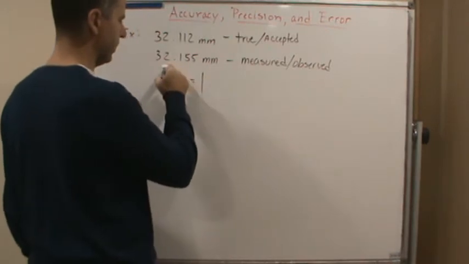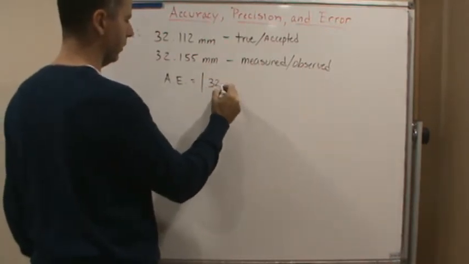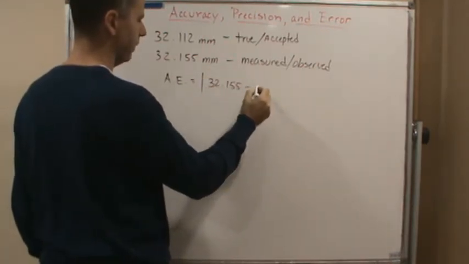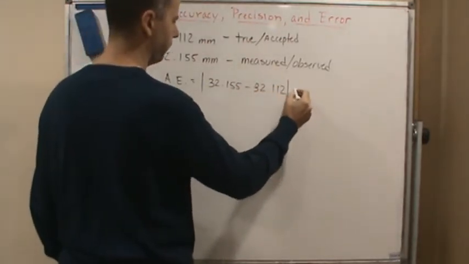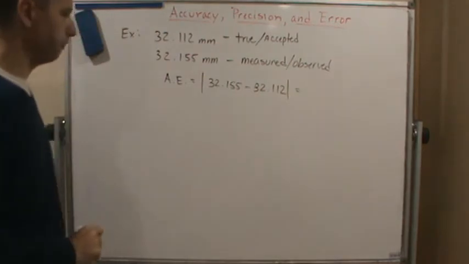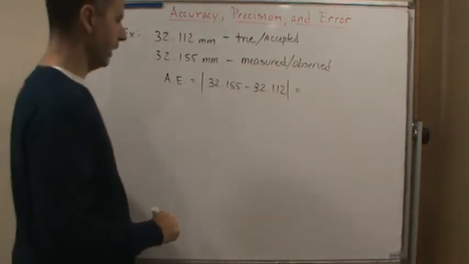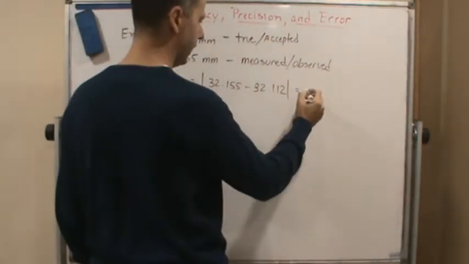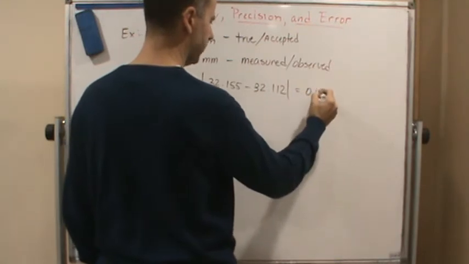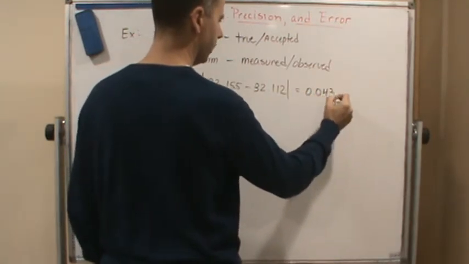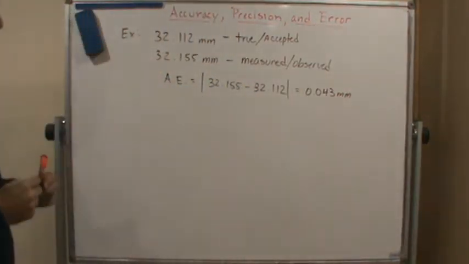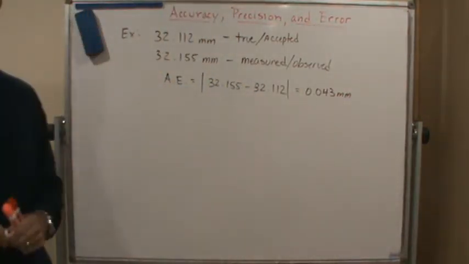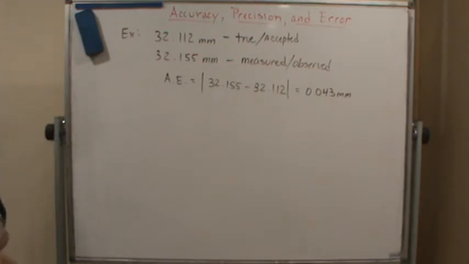In this case, it's going to be 32.155 minus 32.112. And so in this case we get 0.043 millimeters. And so that's the absolute error.